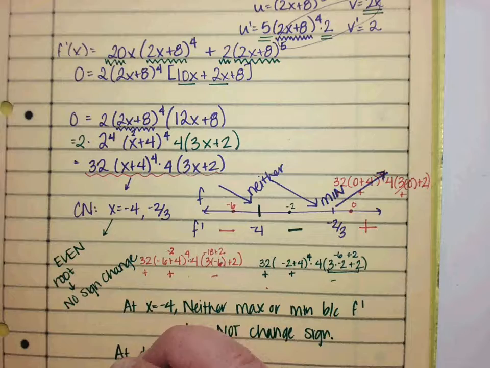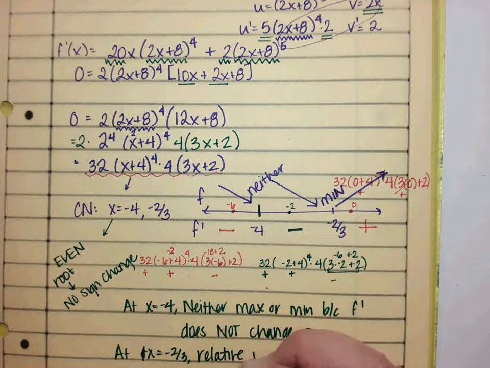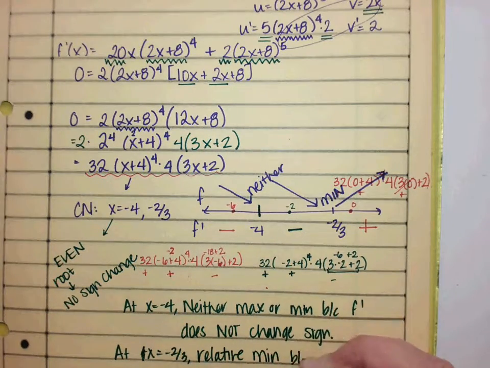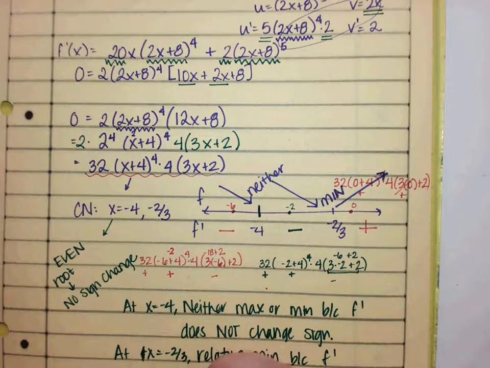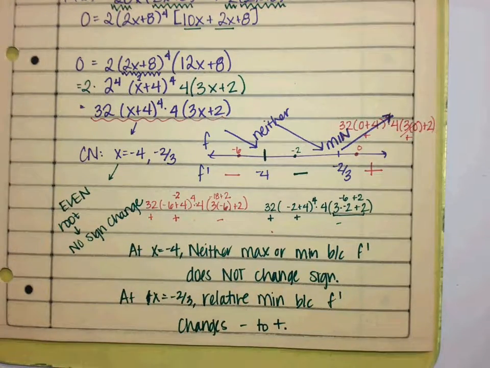At x equals -2/3, we have a relative minimum because f prime changes from negative to positive. So remember, for a minimum it changes negative to positive, for a maximum it changes positive to negative.